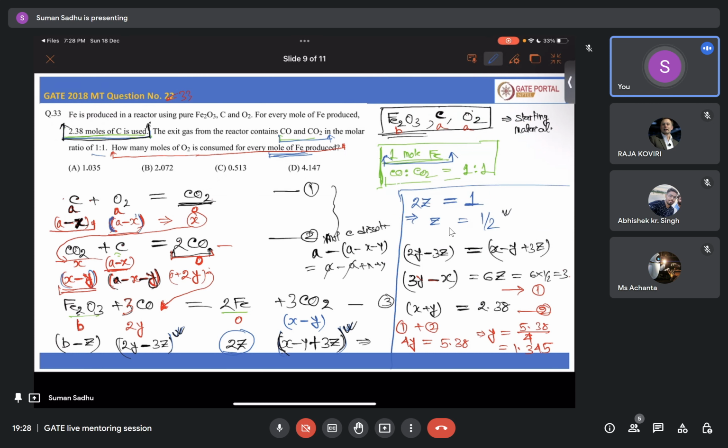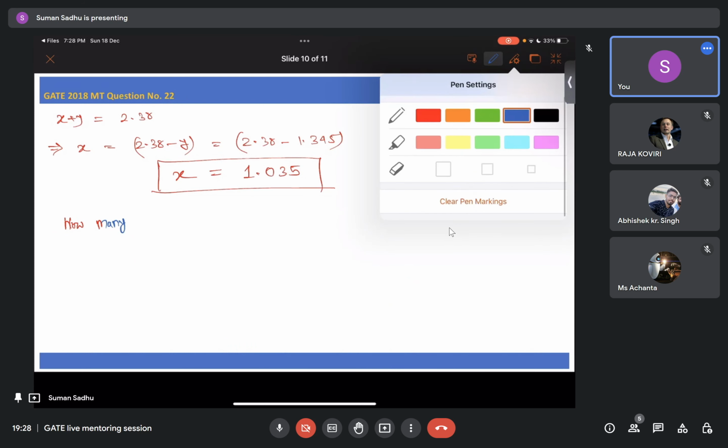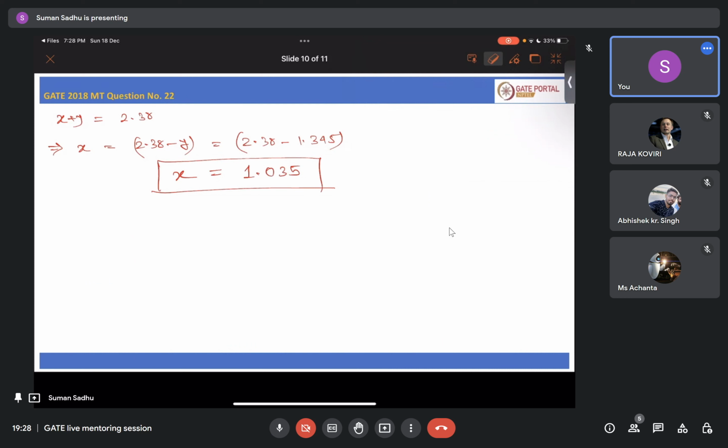So that means how much oxygen is dissociated, or how much oxygen is used? Initially you had a moles of oxygen.